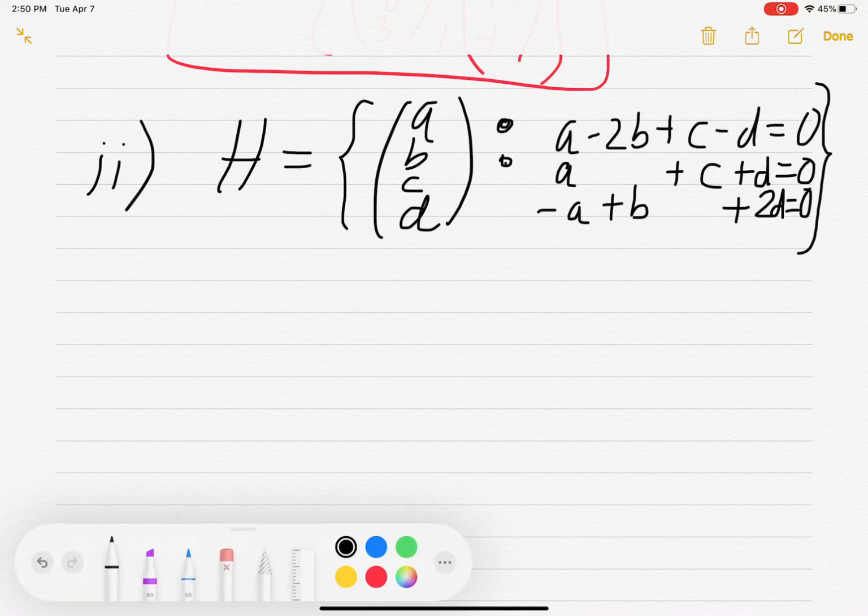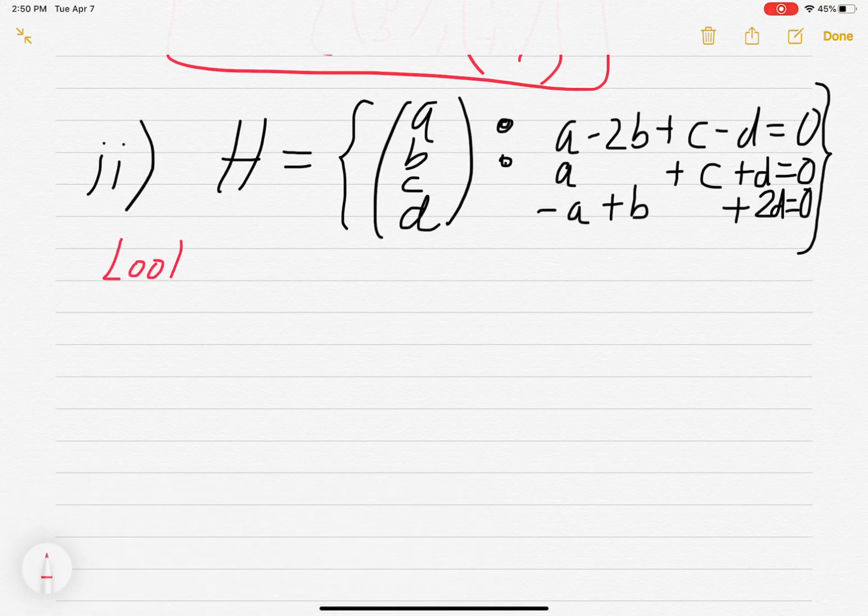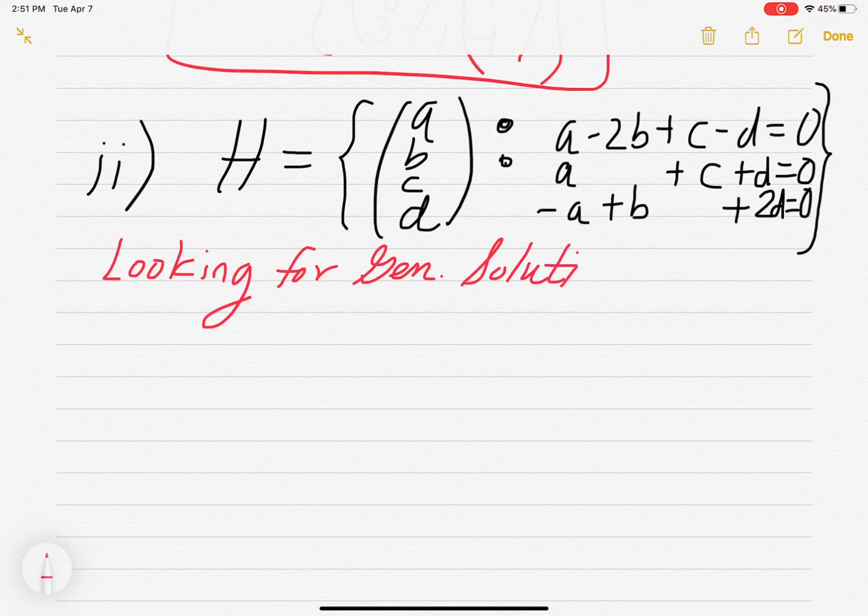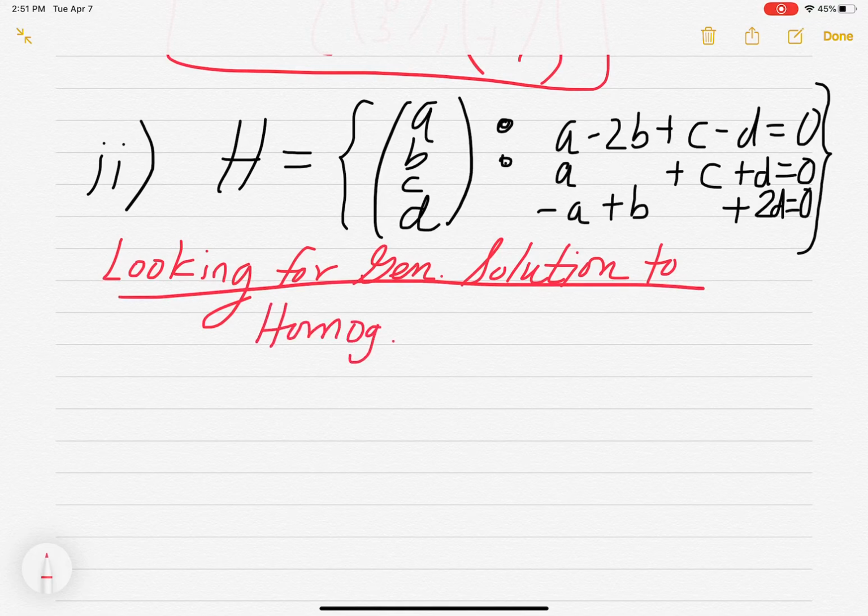If you think about this, we're talking about a homogeneous equation. So we're looking for the general solution to this homogeneous linear system. We could call it the homogeneous matrix vector equation. I'll just write homogeneous linear system, since we've got zeros on the right side.